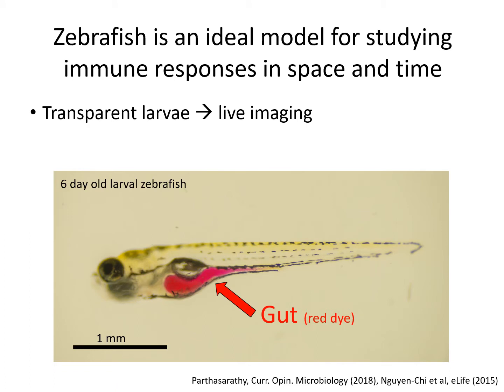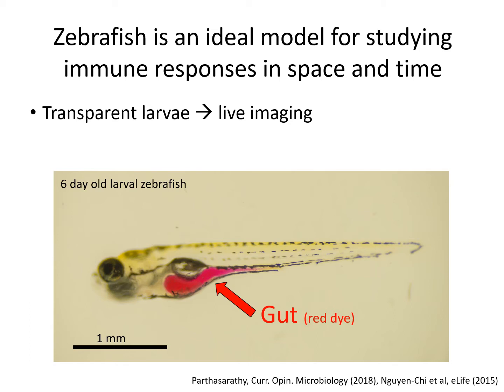Okay, so in order to study these intrinsically spatially structured interactions between bacteria and immune cells in the gut, I take a live imaging approach using a model organism called zebrafish. Shown here is a picture of a larval zebrafish. They're quite small, just a couple millimeters long, but their key feature is that they are optically transparent.